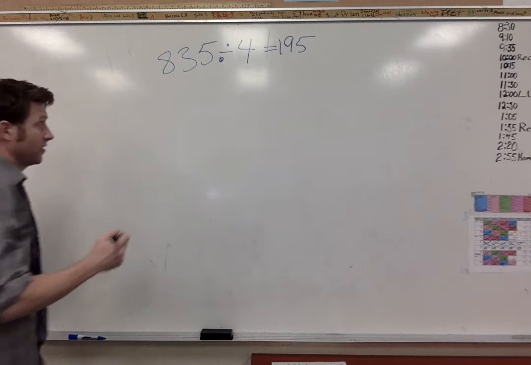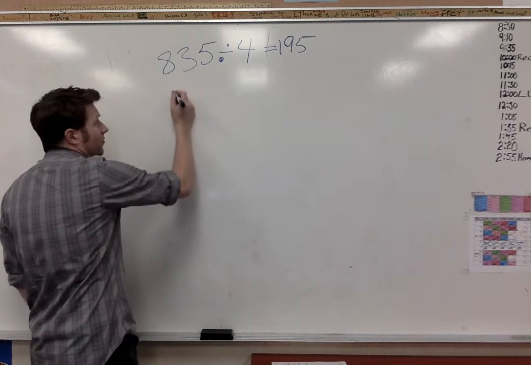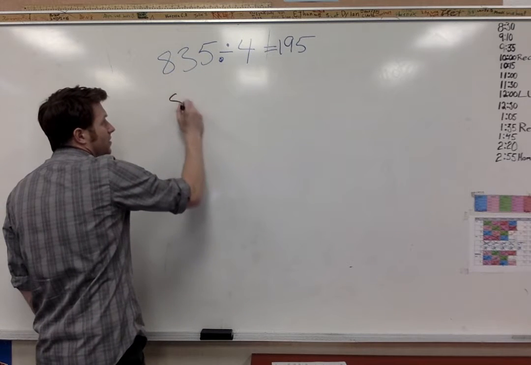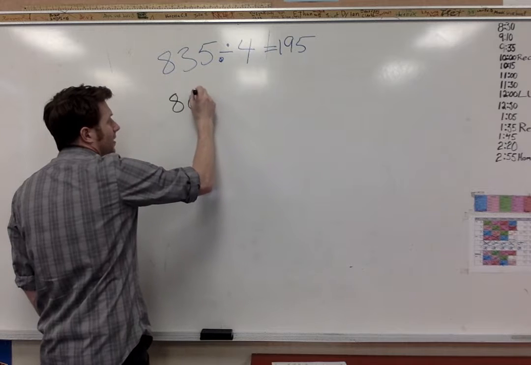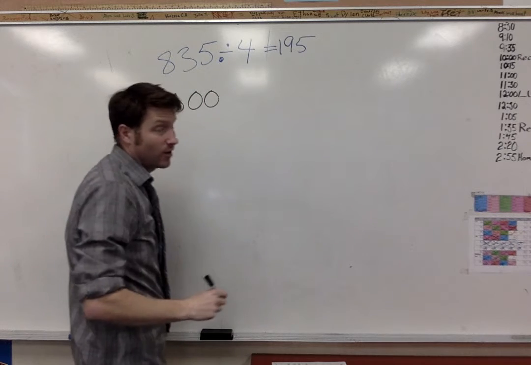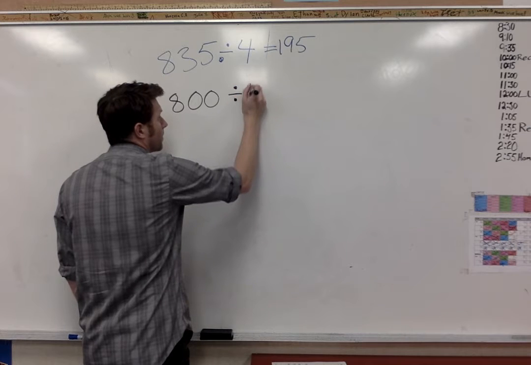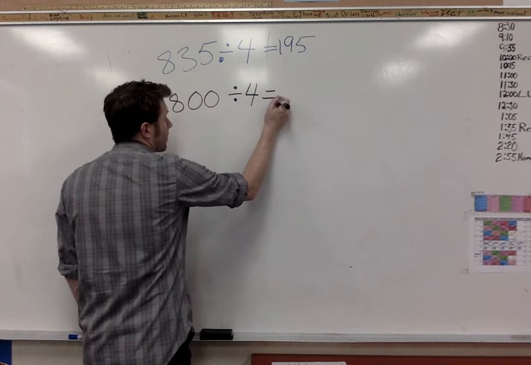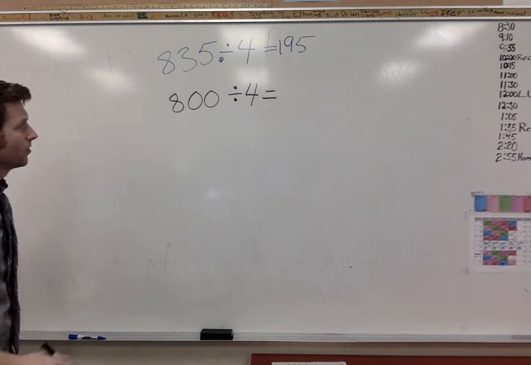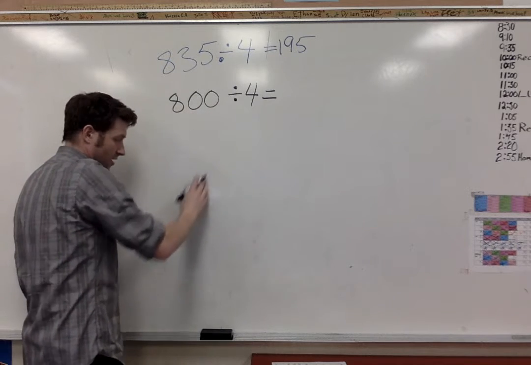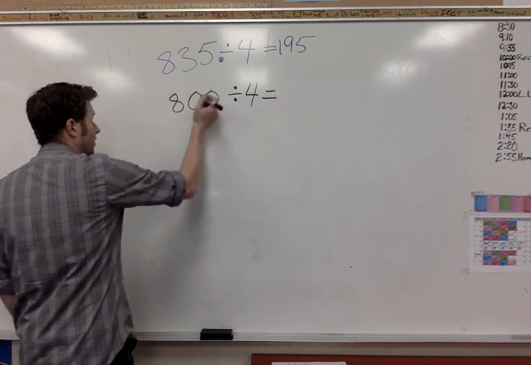835 divided by 4. Well, let's try it. So 835, we're going to round this to a nice even 800. Now we've got an easy question to do. 800 divided by 4. We're going to hold on to these zeros elsewhere, right? So pretend the zeros aren't there.